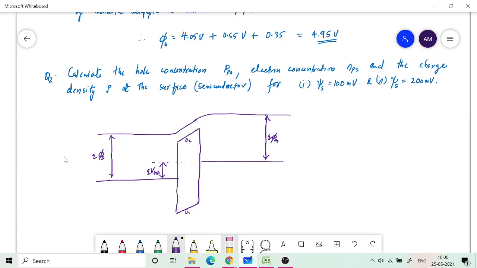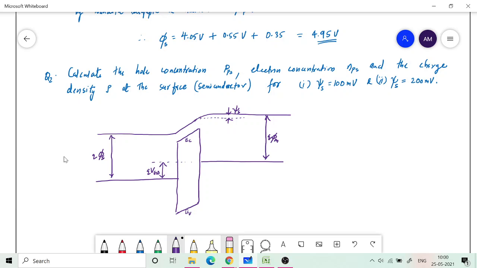Now coming to the semiconductor region, which is the most important part, it is given that we have a bending and the voltage is given. So this is what we call psi s. Now this bending is going to change the concentration of holes at the interface. Away from the interface, the concentration is going to be Na, which is the acceptor impurity concentration.